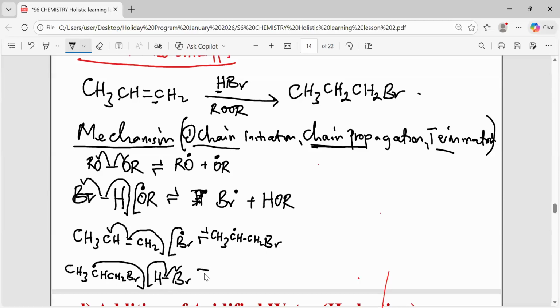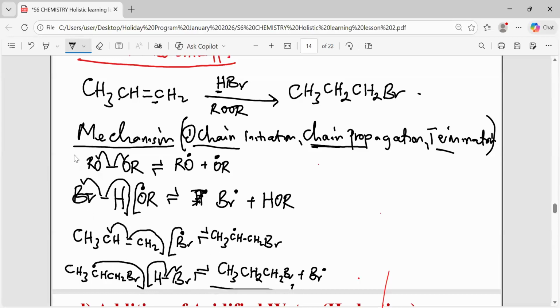So when this one breaks, we shall have CH3, CH. Now this hydrogen is going to bond with this carbon atom which had an electron. So which means that you're going to have two hydrogen atoms. Then you continue with CH2, and then you have Br plus a free radical of bromine. So at that point, we already have the product we have been looking for.